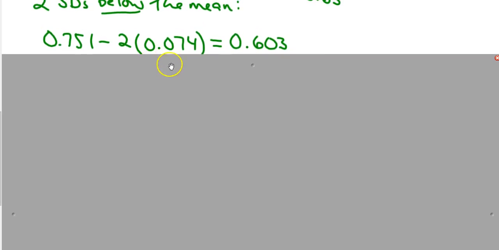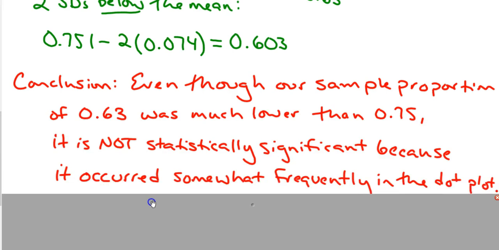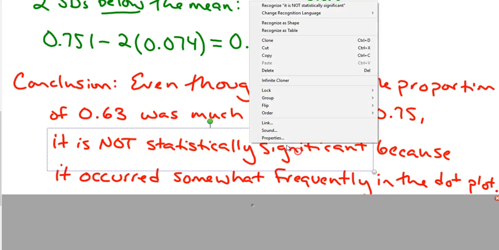So now we have a little choose your own adventure. You have to kind of decide how your answer compares to what the other class had. If you have a number that happened fairly frequently, this would be your similar conclusion. Even though our sample proportion of 0.63 was much lower than 0.75, it's not statistically significant.